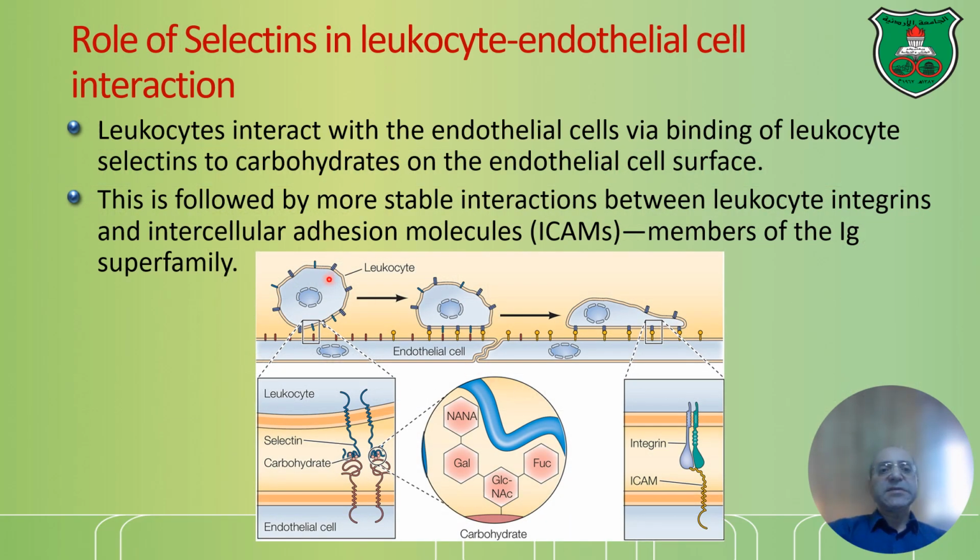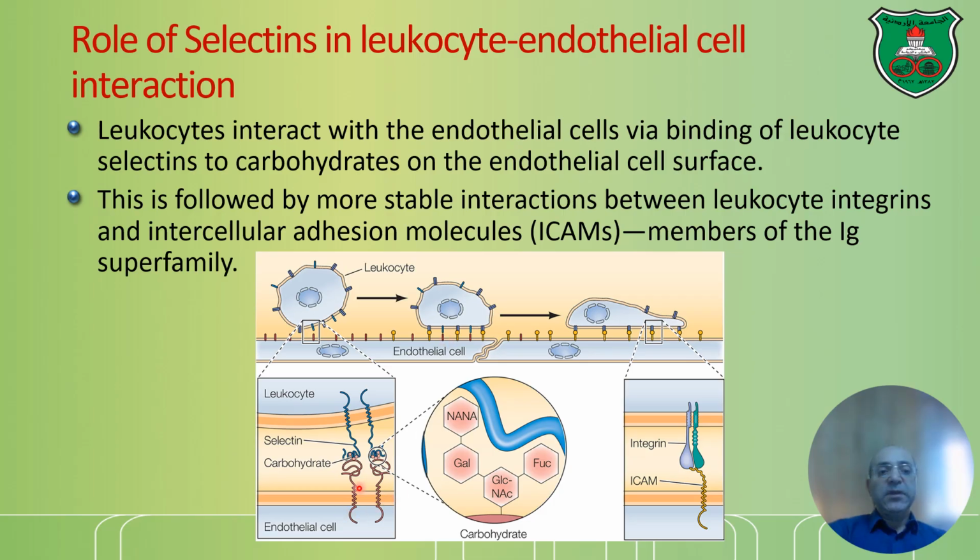So selectins exist on the surface of leukocytes, immune cells. As they are swimming in blood, they can interact with endothelial cells, the ones lining the blood vessels. Now, the surface of endothelial cells contains receptors and sugars as well.